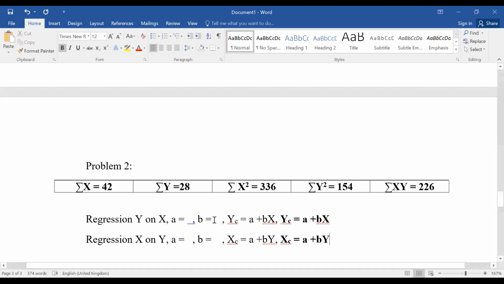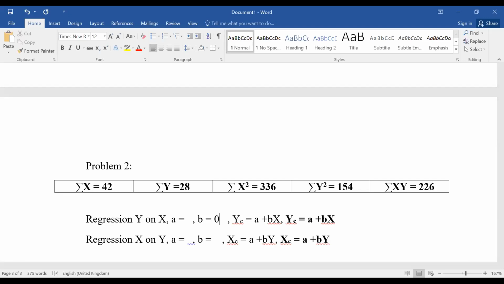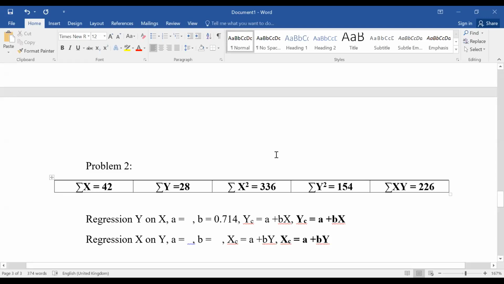B equal to 0.714. Okay. A equal to 0.24.